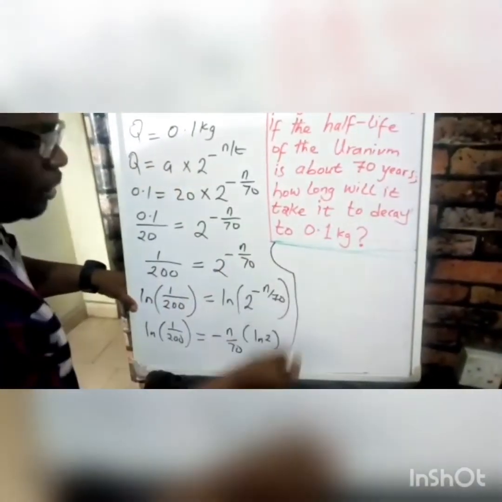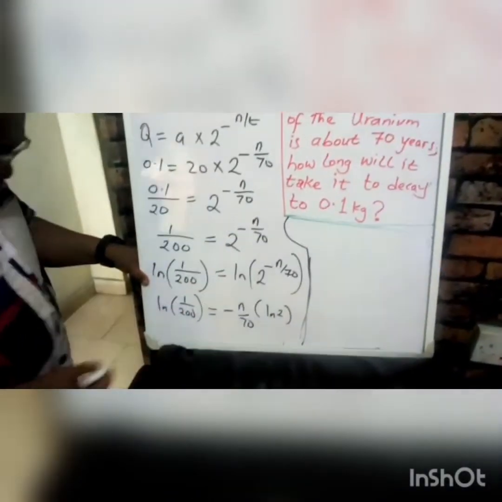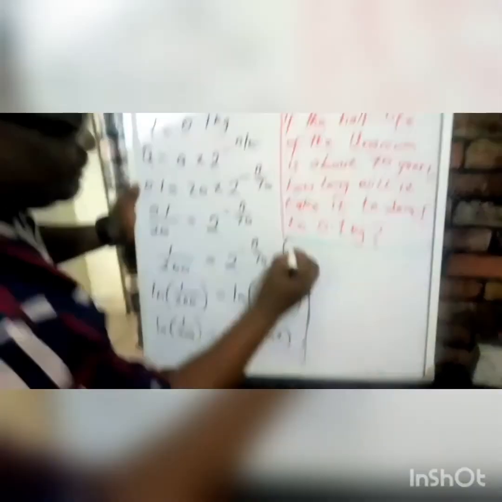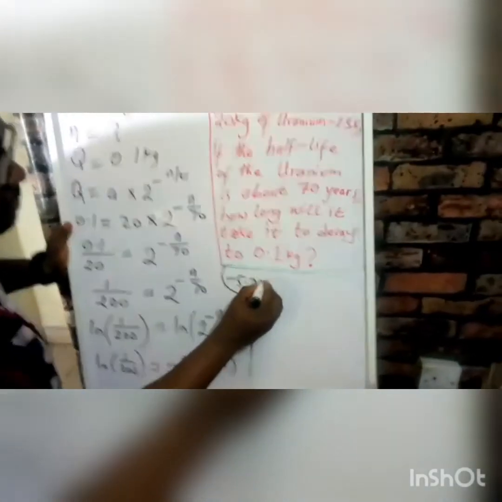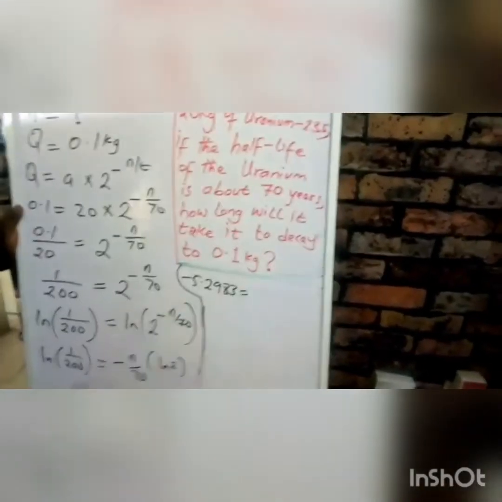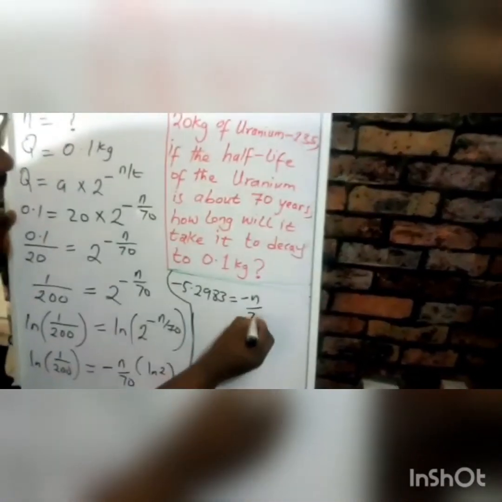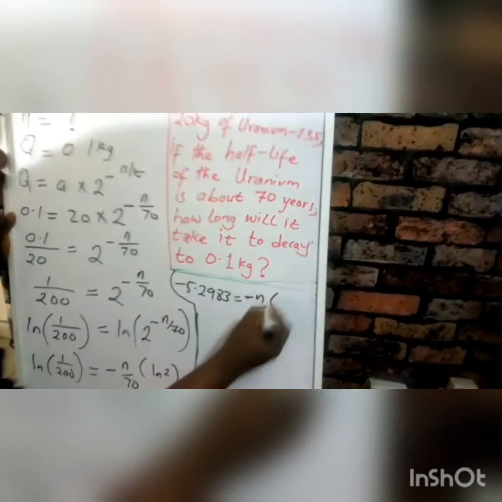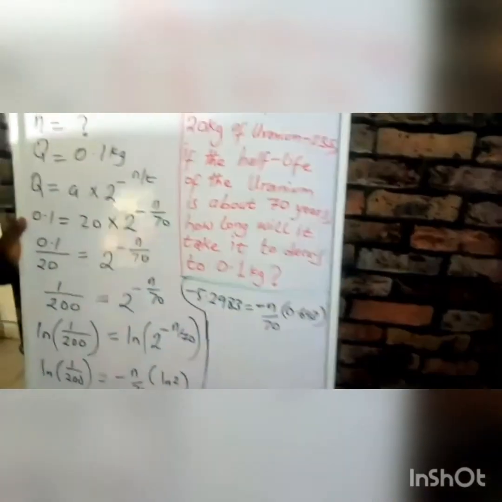If you solve, you're going to have ln 1 over 200 is actually minus 5.2983, and ln 2 is the more common one. You have your minus n over 70, of course. Ln 2 is 0.693.